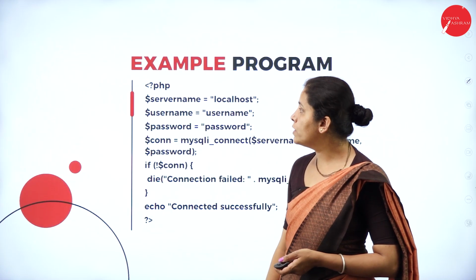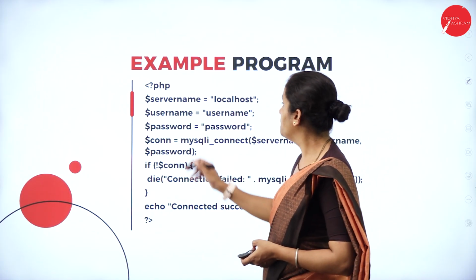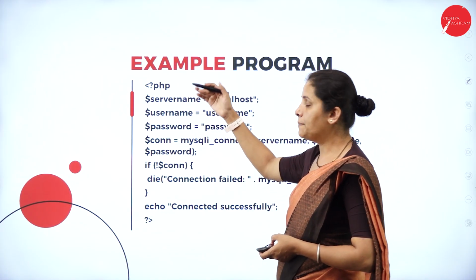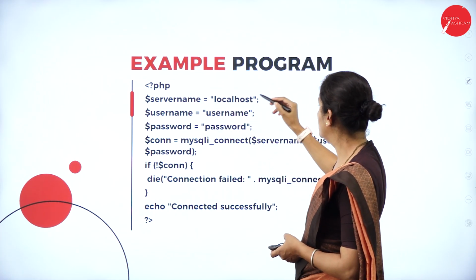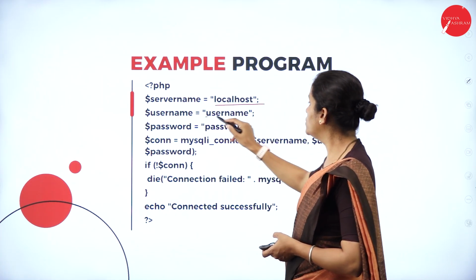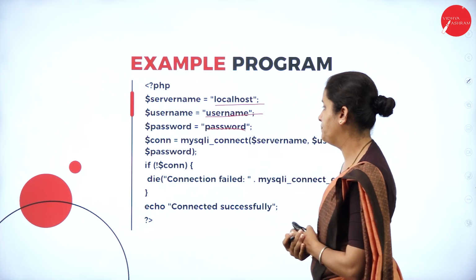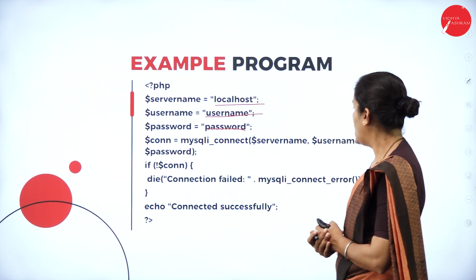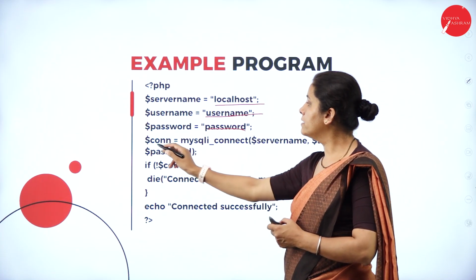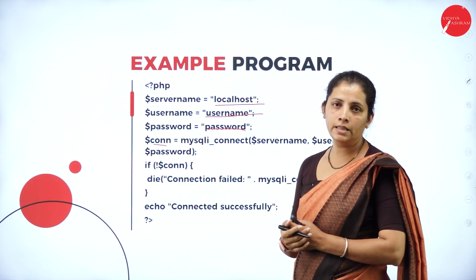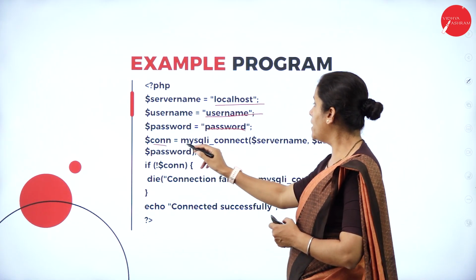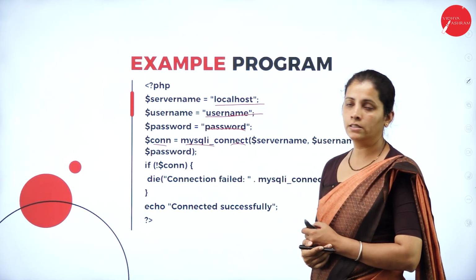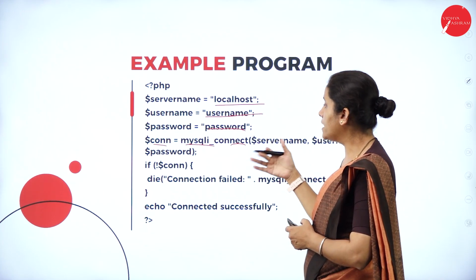Fine. Now I have one more example, same thing. I'm writing the PHP code: localhost, username, password. Now see here what I'm doing. I'm taking the connection, so mysql_connect, and checking whether connections are established or not.